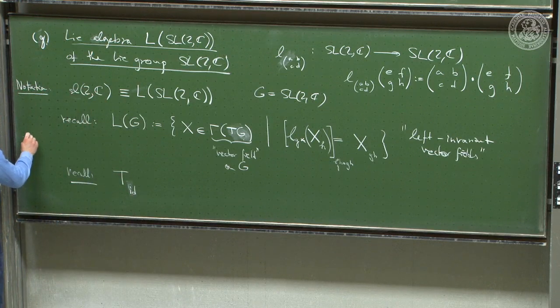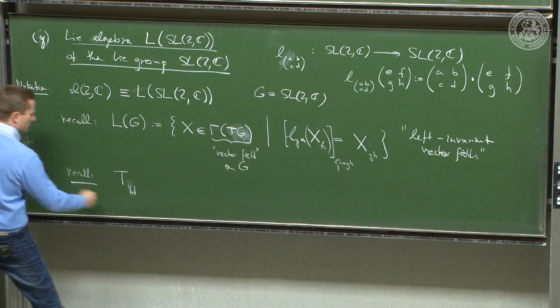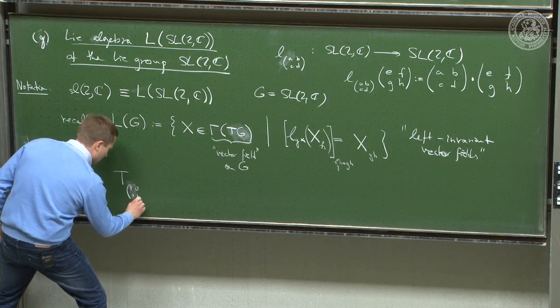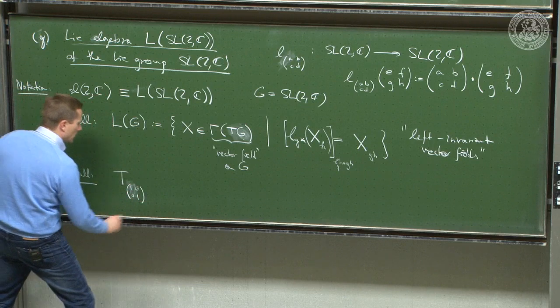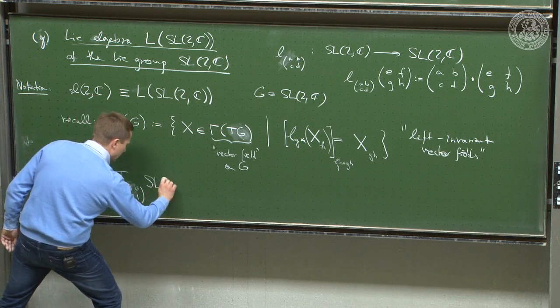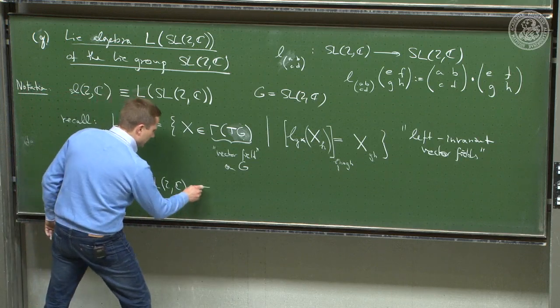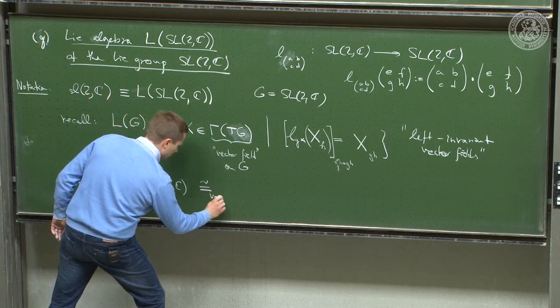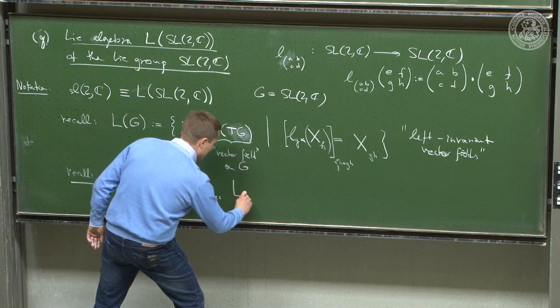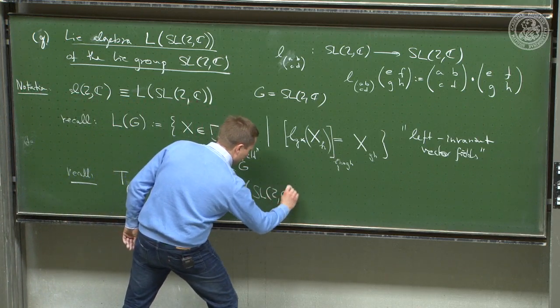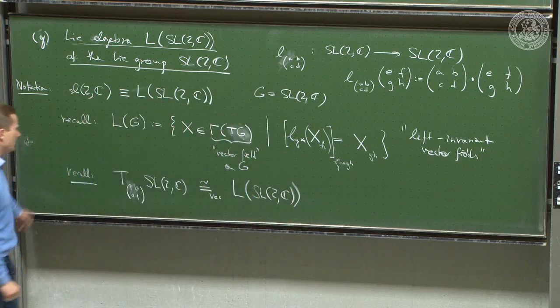In our case the tangent space at (1, 0, 0, 1) to the group SL2C as a vector space is the same as the left invariant vector fields of SL2C. Do you remember this result?